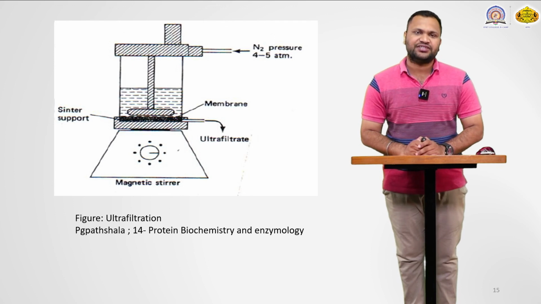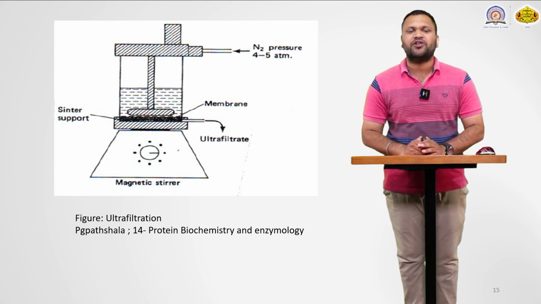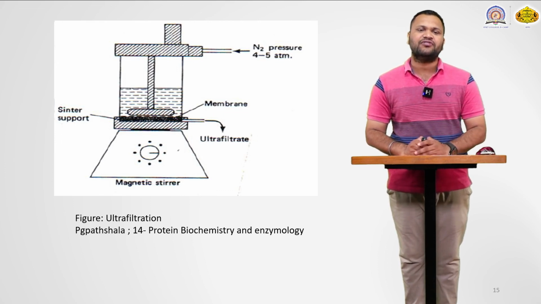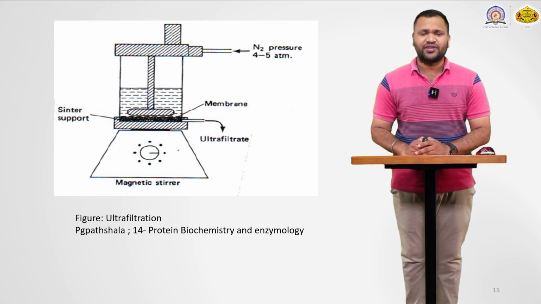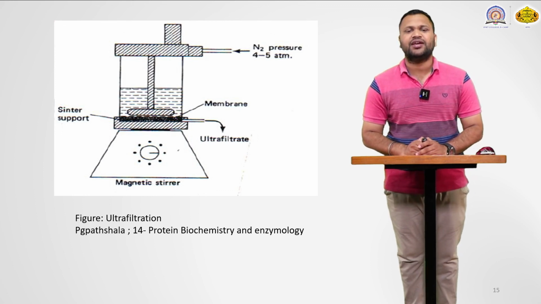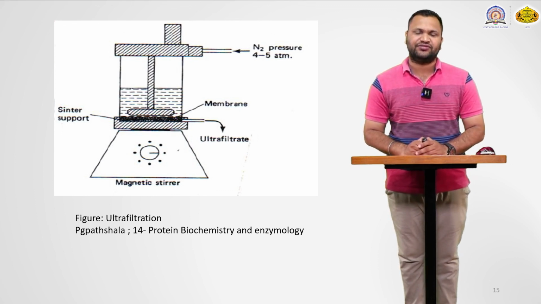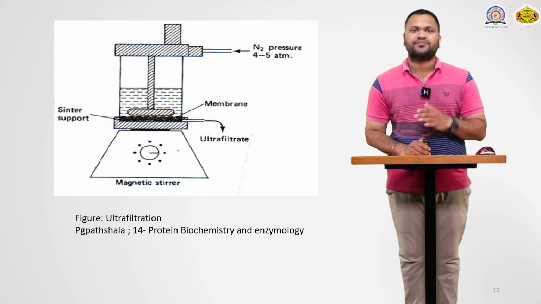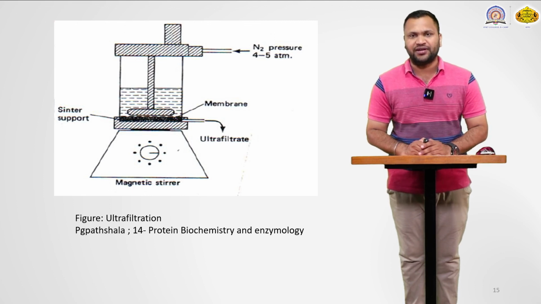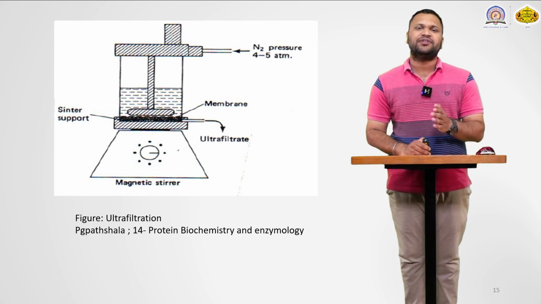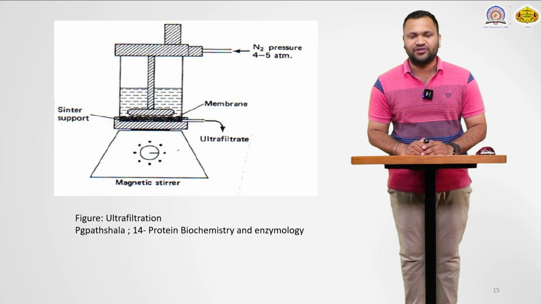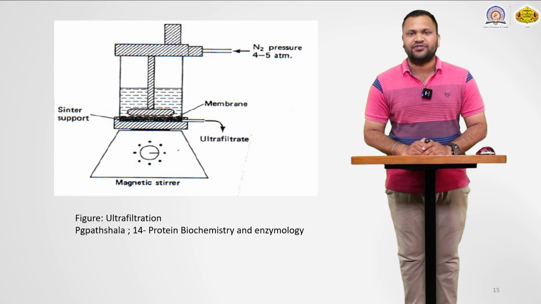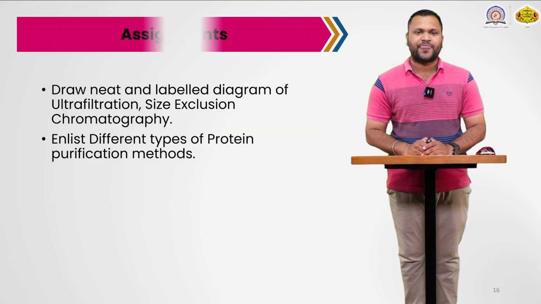Ultrafiltration is a technique generally used for small scale or lab scale recovery of fermentation media. In case of large scale, it may be possible that the membrane will not be able to filter the large volumes properly, or the membrane may get blocked or destroyed. So ultrafiltration is generally used for smaller volumes of sample.